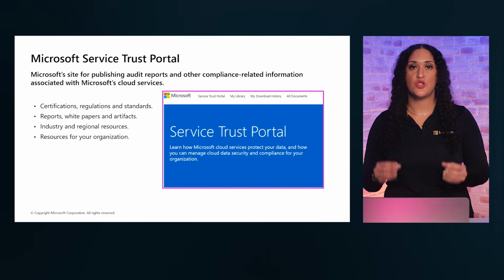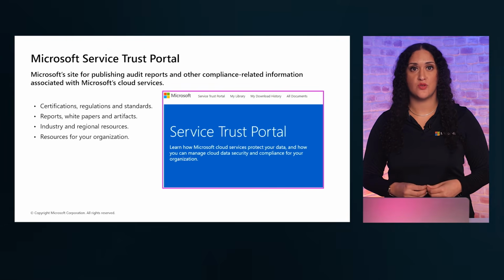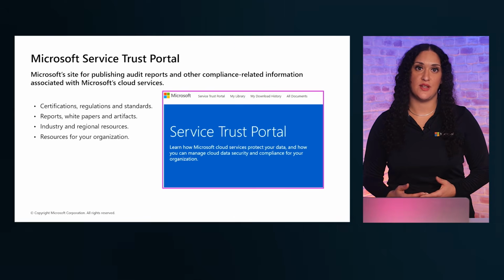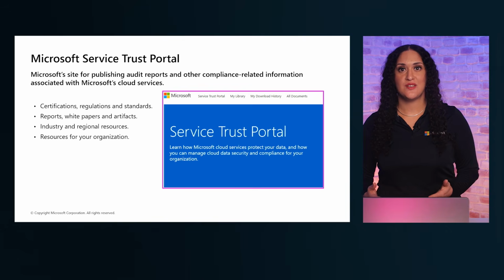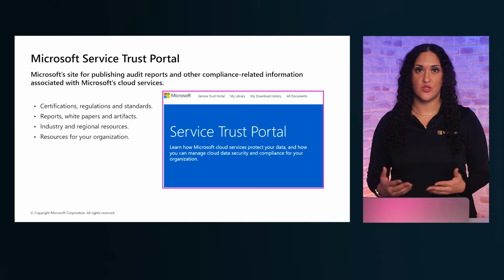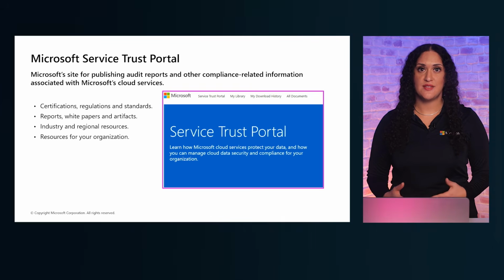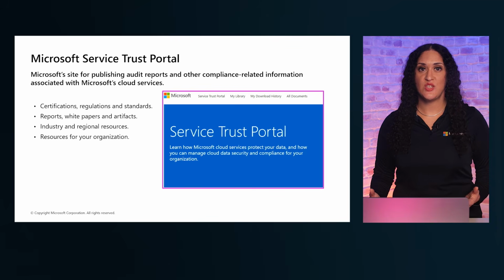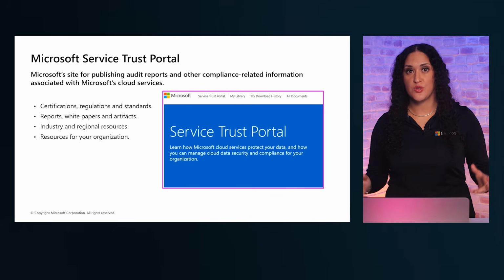This makes the portal a trusted source for customers, partners, auditors, and regulators who need authoritative compliance evidence directly from Microsoft. In real-world scenarios, organizations use the Service Trust Portal to support audits, risk assessments, and regulatory reviews without having to chase documentation across multiple sources.